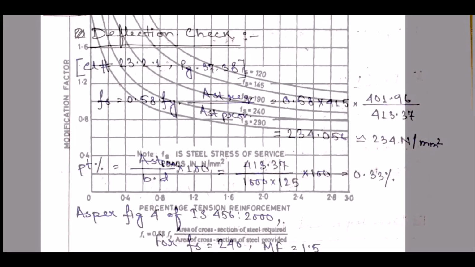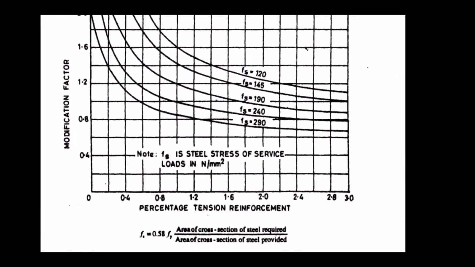You can see on your screen figure 4 of IS 456 2000. Our fs is 234 Newton per millimeter square, but there is no curved line of 234; it lies between 190 and 240. So we have to interpolate from these two lines.